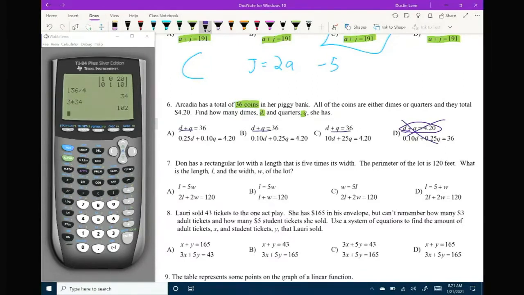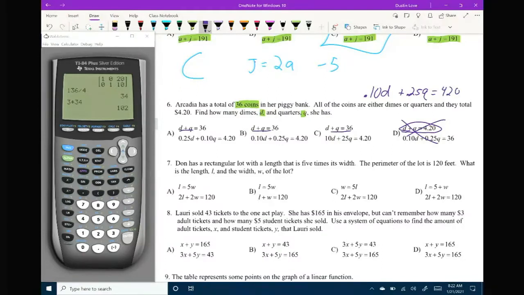Now we've got to decide on the value equation. So we know that our dimes are 10 cents, but remember we write it as 0.10, plus quarters is 25 cents, which is 0.25, and that equals the whole thing, which is $4.20.